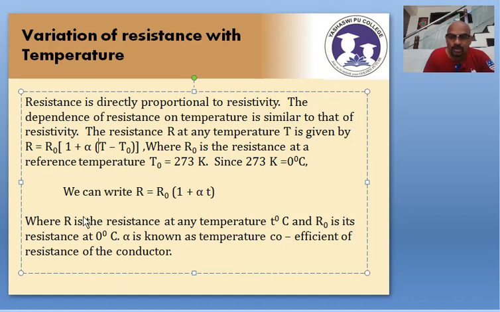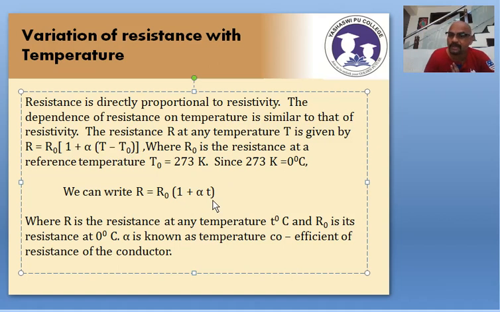You can also write that equation as R is equal to R naught into 1 plus alpha T, where T is the temperature in the Celsius scale, since T naught is 0 degree Celsius. Remember this.